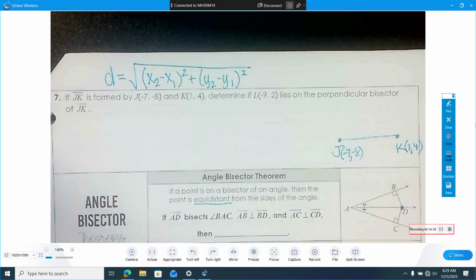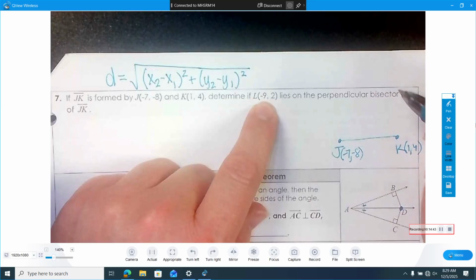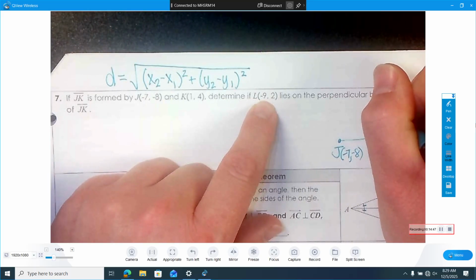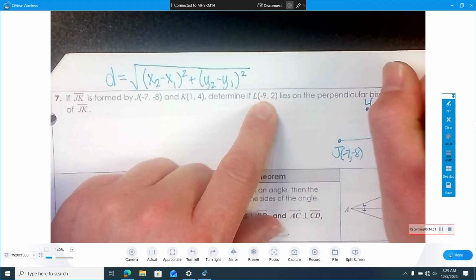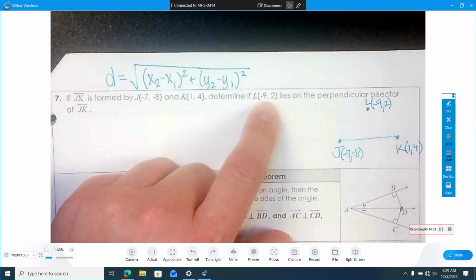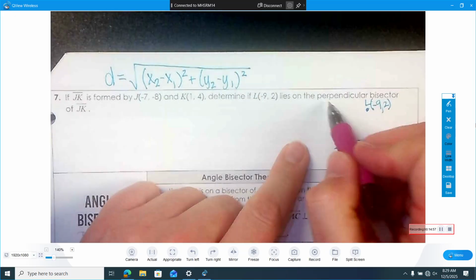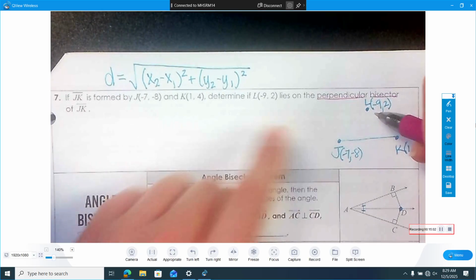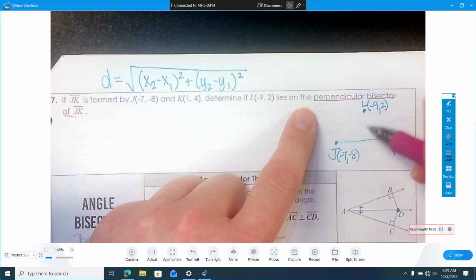We want to determine if L, which we're going to pretend is here, again, it doesn't matter, if L at -9, 2 lies on the perpendicular bisector of segment JK.